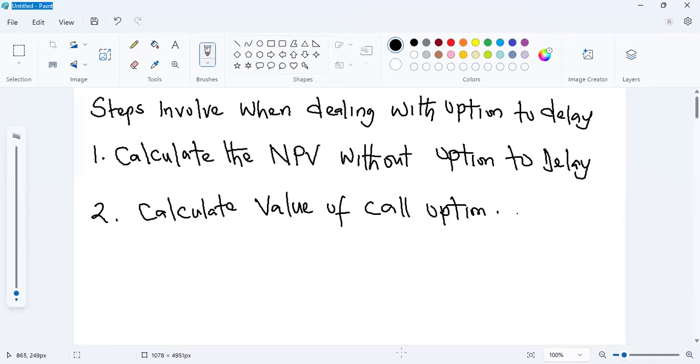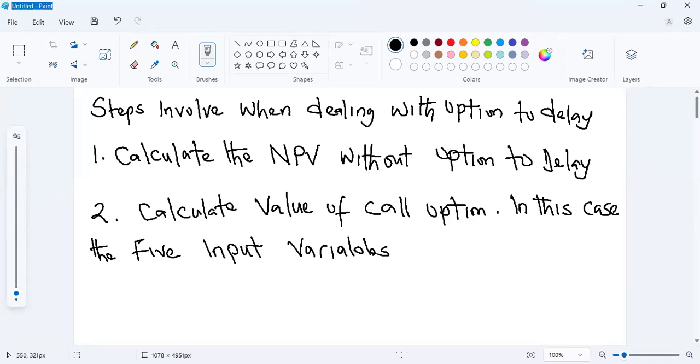In this case, the five input variables approaches as follows.